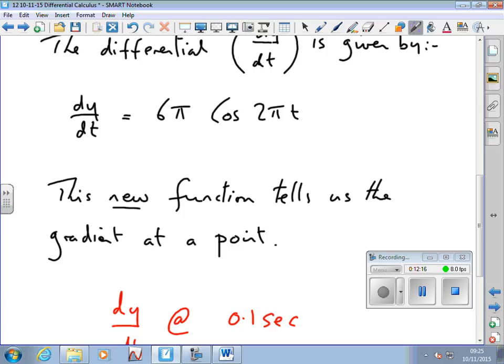But luckily, it's the sort of thing you only need to do once. After that, you can just use it like a machine, put it into your calculator, and out comes the answer. In your textbook, it starts off with differential calculus by looking at differentiation from first principles. Have a look. See how it works if you're interested. If not, just take it as read, and we're just going to use those rules to find the differential function, as it's called.